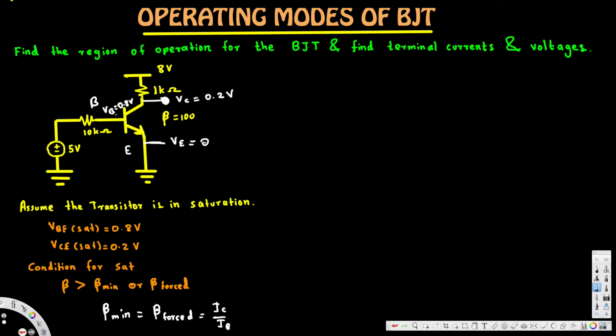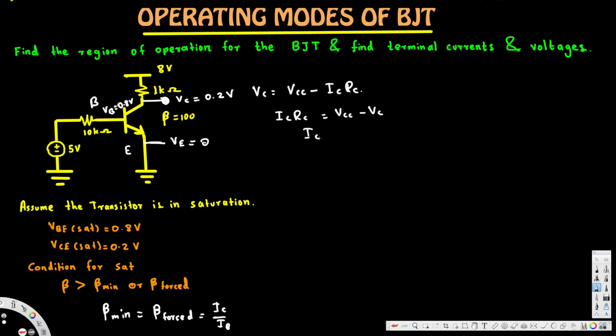So now we found out VB and VC. The next thing is we have to find out IC and IB. To find IC, you can simply use this formula: VC is equal to VCC minus IC times RC. If you rearrange this, IC times RC is equal to VCC minus VC.